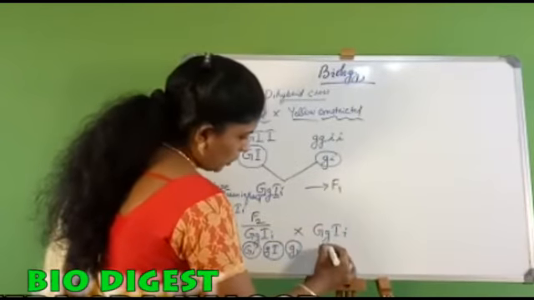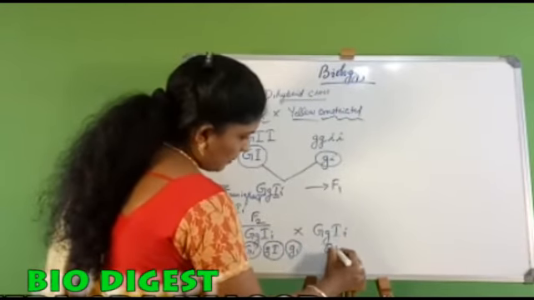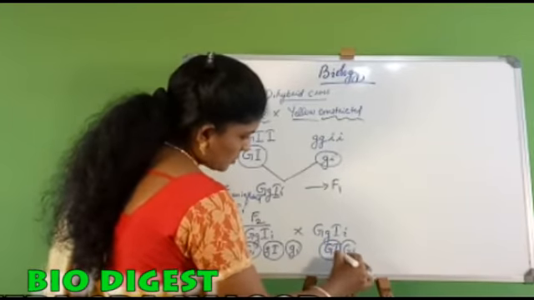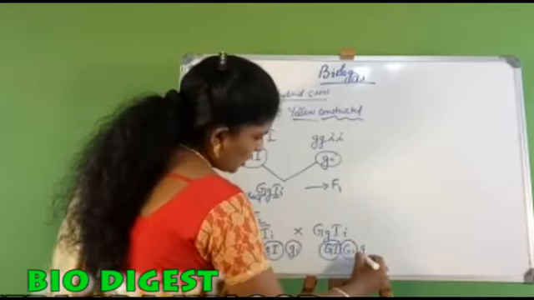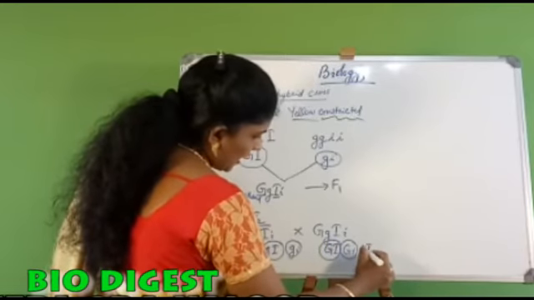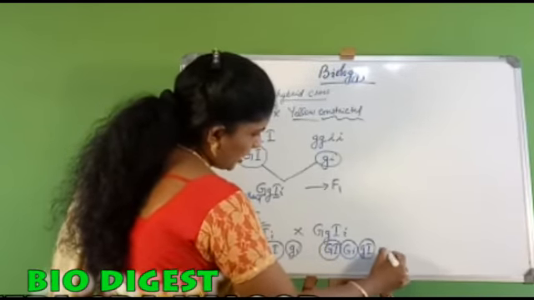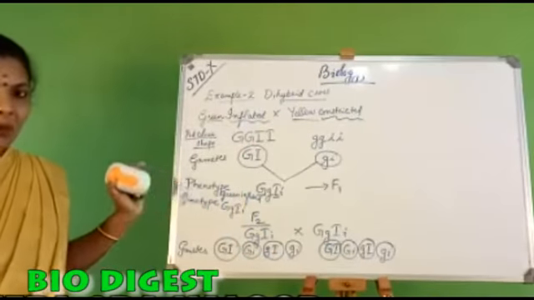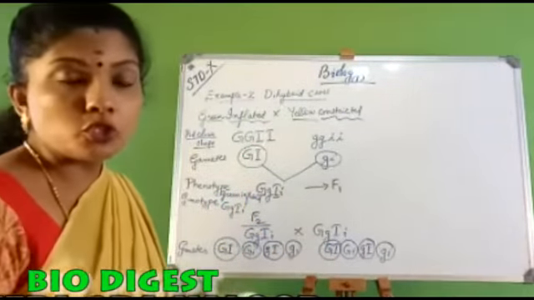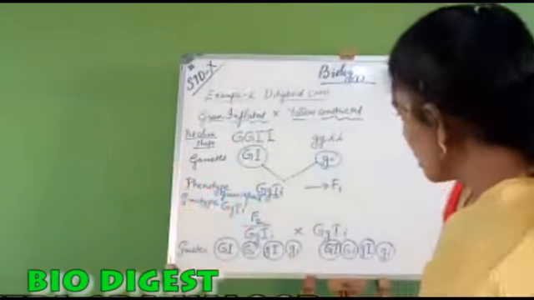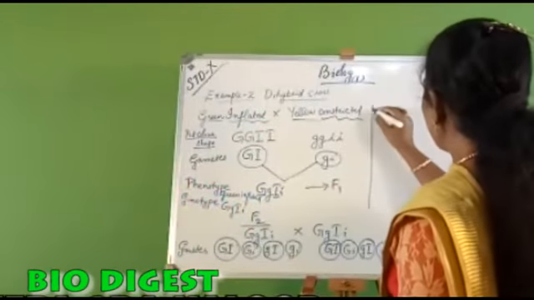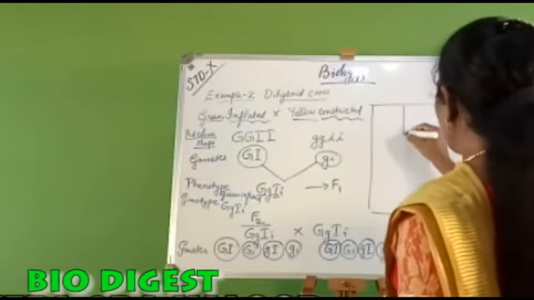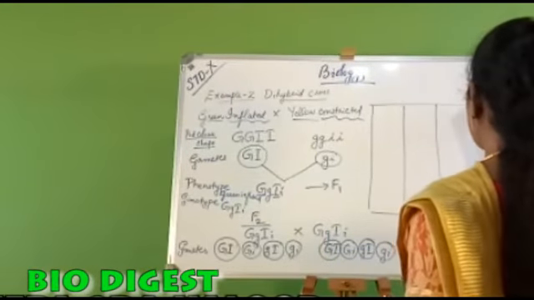Okay, so here again what are the gametes? Capital G combined with capital I, capital G combined with the small i, small g combined with capital I, and small g combined with small i. Okay, now what is the next? We are supposed to draw the Punnett square. So drawing the Punnett square, which comprises 16 squares.